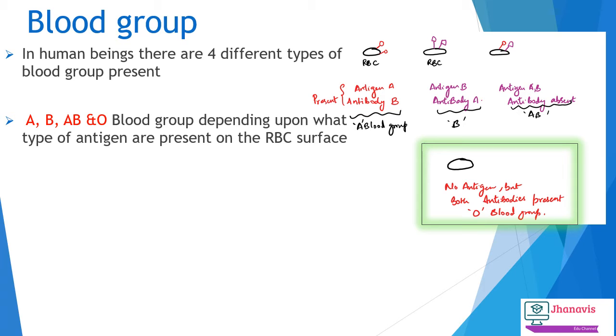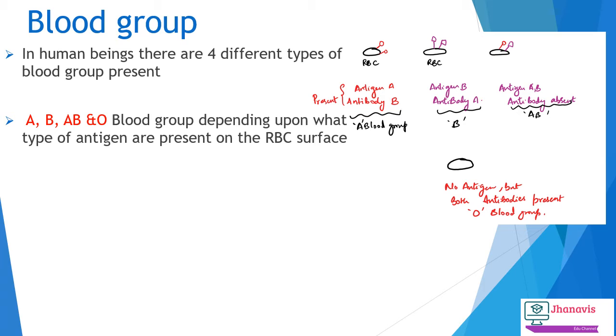I have shown in the diagram 4 RBCs, each having different types of antigen on them. The antibodies which are produced are also different. In the A blood group, antibody B is produced. In the B blood group, antibody A is produced. In the AB blood group, antibodies are absent, but in the O blood group, we have both antibodies present.